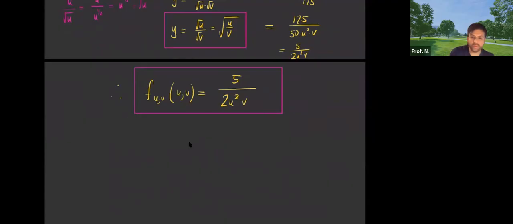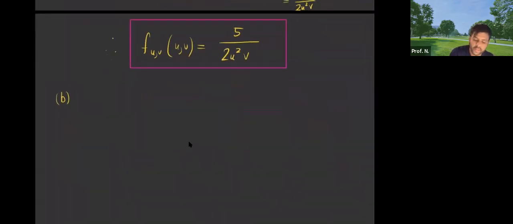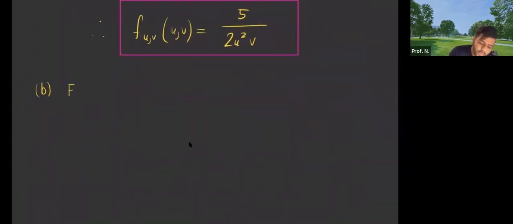Now what I want to do is, part B to this, find the domain for f_UV.